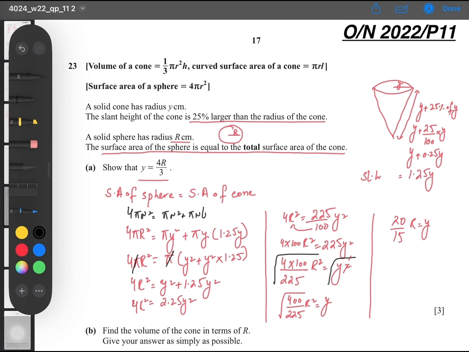After cancellation, I'll get 4 over 3 r is equal to y. So shown.